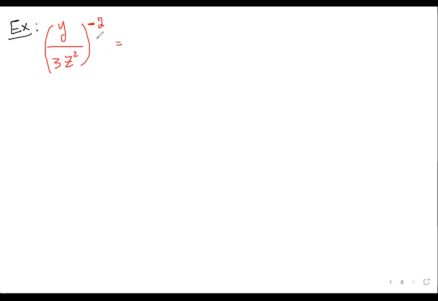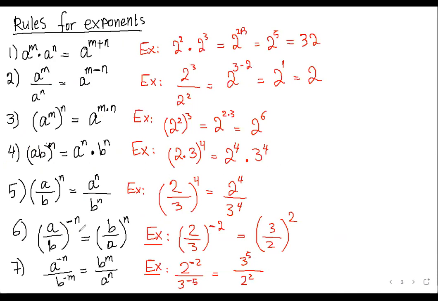Which rule is similar to this one? Go back to the rules. If I see something negative, look, number 6, a over b, all of this to negative n. That means we flip inside the parentheses and make it a positive power.